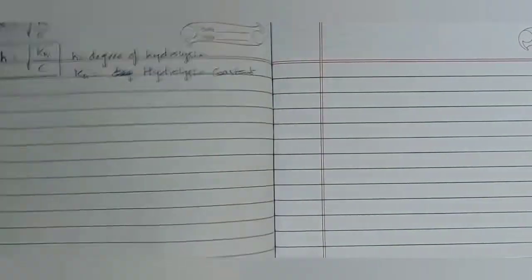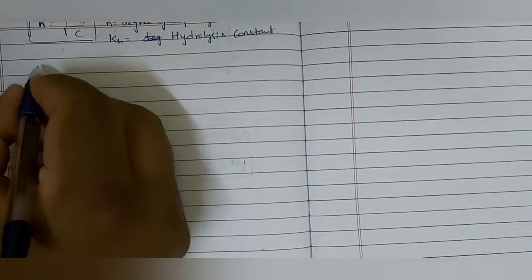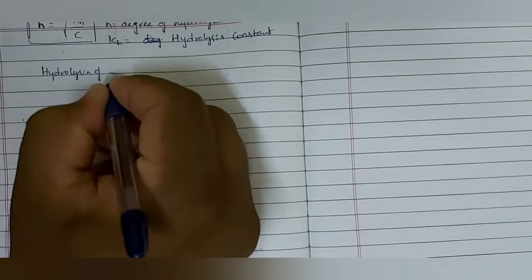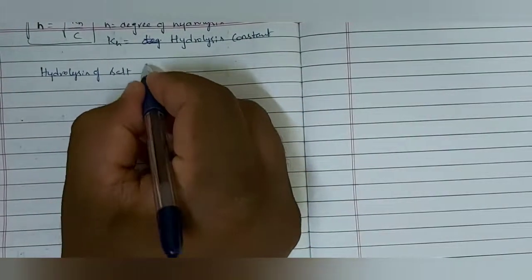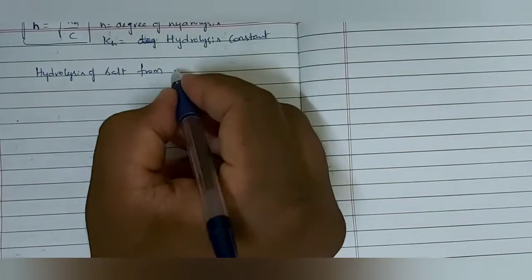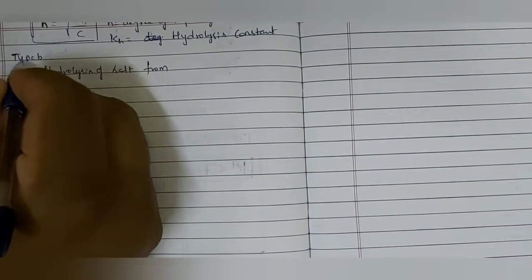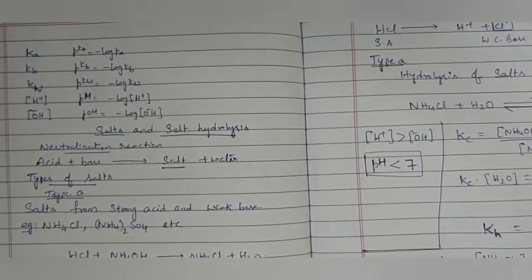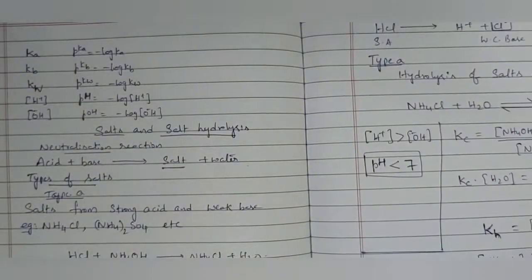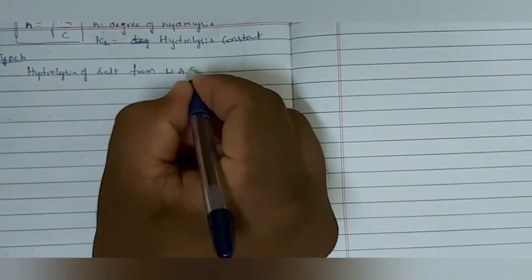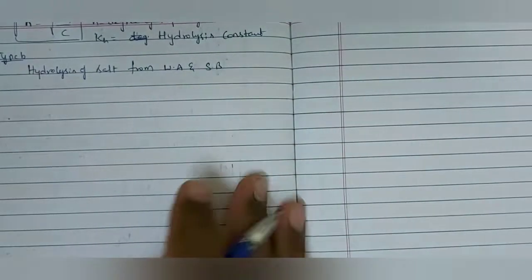Next. In the same way, we will see hydrolysis of salt. The previous one we have seen. This is type B. Type B means weak acid and strong base.